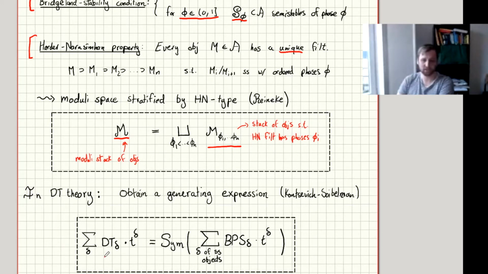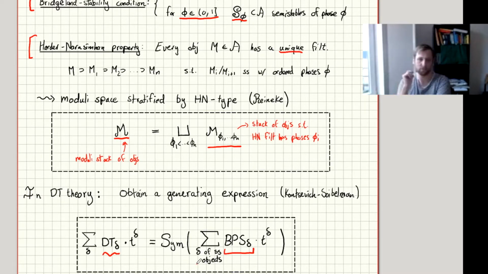So we get a generating expression for the DT invariants. The power series with coefficients given by the DT invariants is generated by some invariants called the BPS invariants, which only need to be calculated for every semistable object.